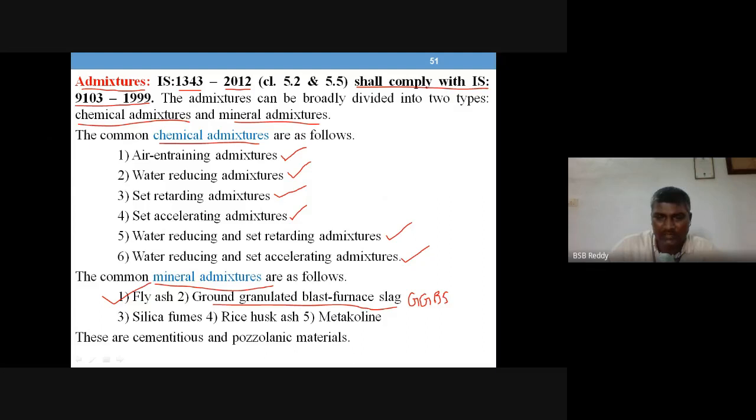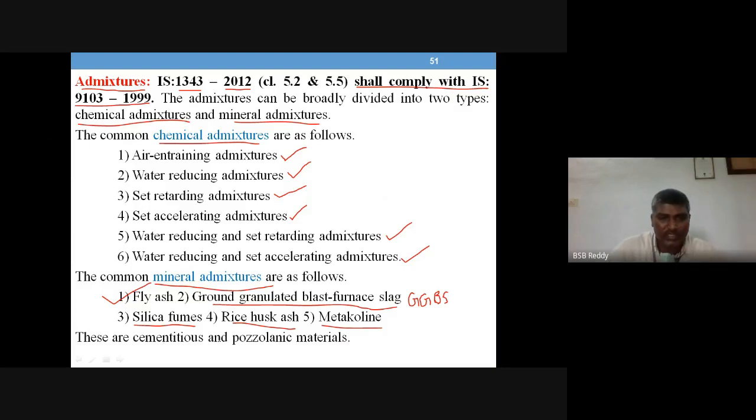And silica fumes, rice husk ash. This one is metakaolin, which is straight away manufactured.